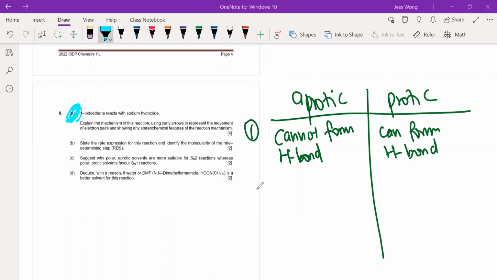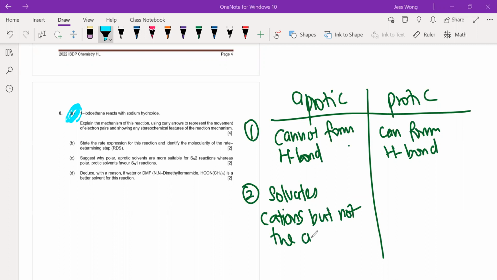Now, an aprotic solvent will actually solvate the cations, but not the anions. A protic solvent will solvate the cations and the anions.